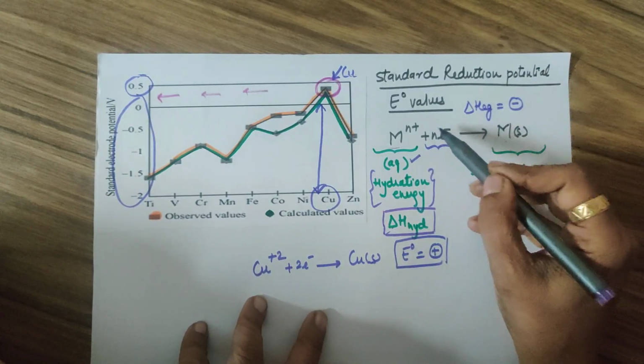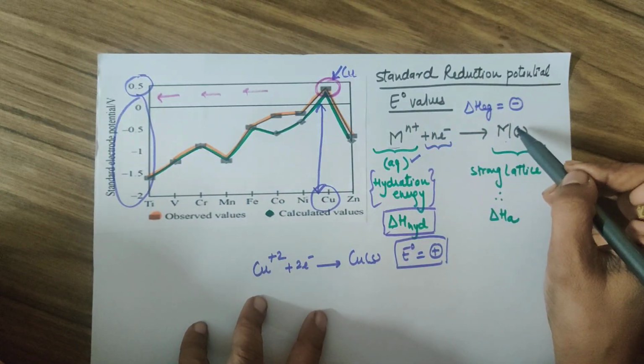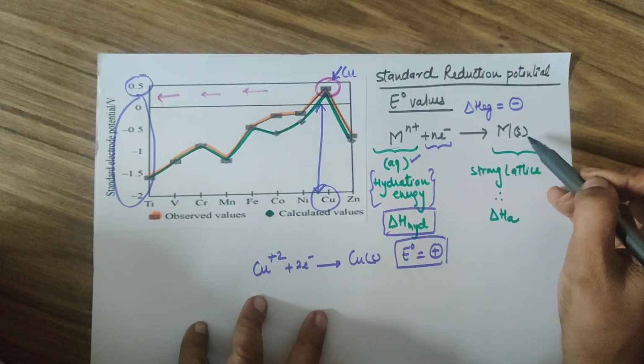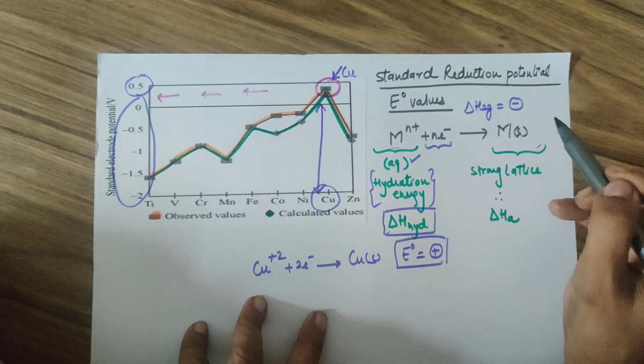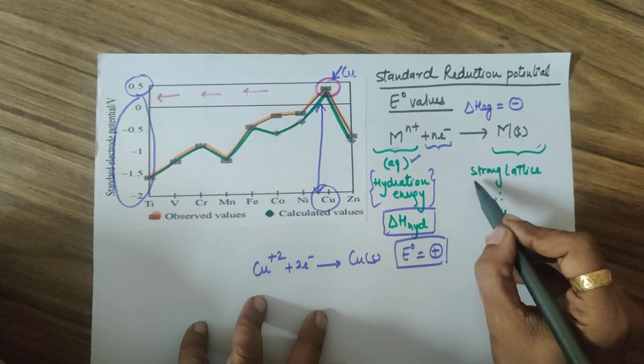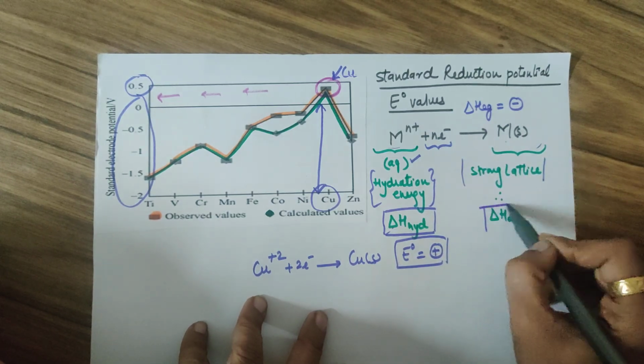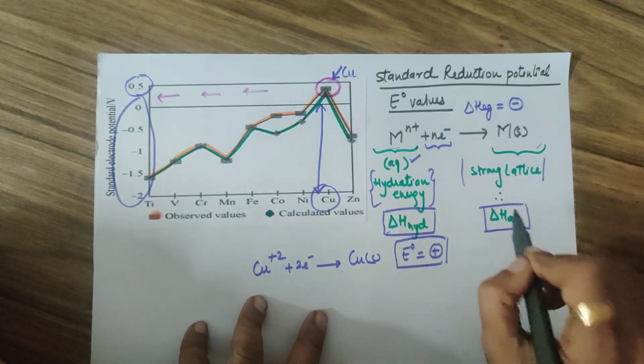Also, after accepting the electron, it transforms into a solid state where the metal atoms are attracted to each other to form an ordered arrangement of atoms, leading to a strong lattice formation. Therefore, there is an atomization enthalpy also involved.